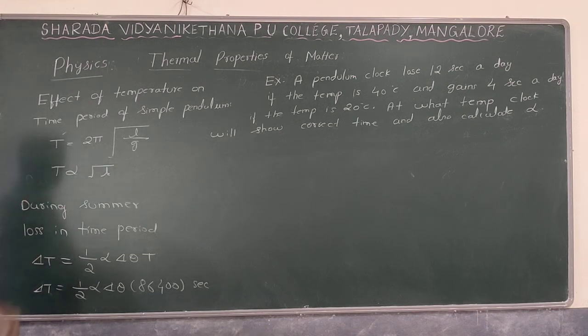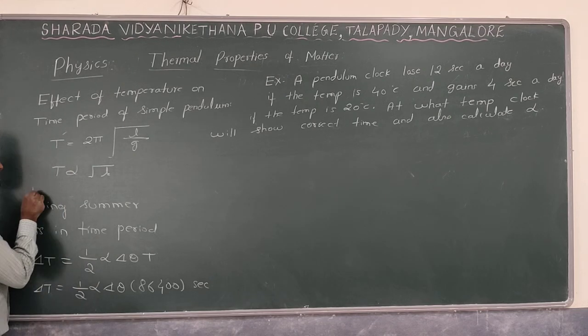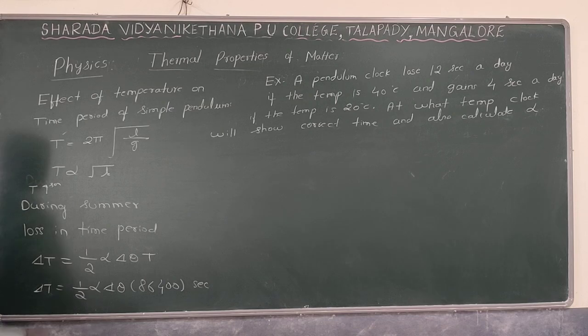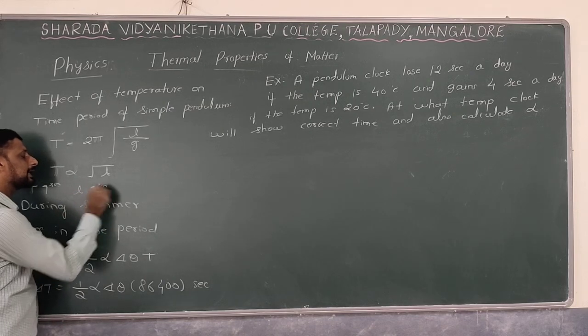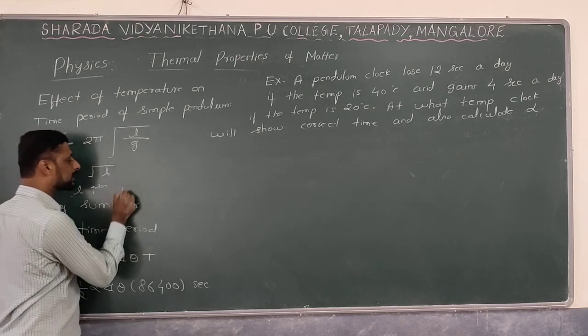So in case of simple pendulum based clocks, what will happen during the summer when the temperature increases? As per linear expansion in solids, the length of the simple pendulum increases. If the length increases, what about the time period?